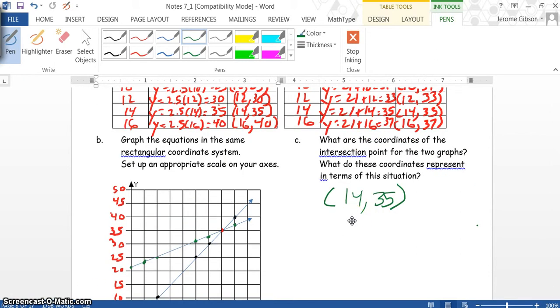What do these coordinates represent in terms of this situation? The coordinates represent that if the bridge is only used 14 times, the amount that will be paid for the month will be $35, whether you have the pass or not.